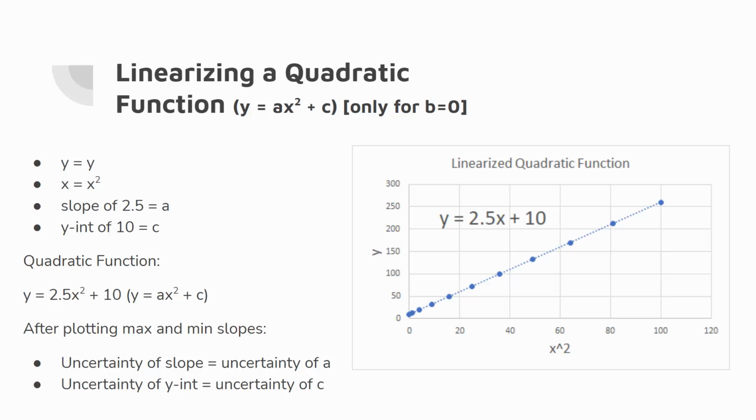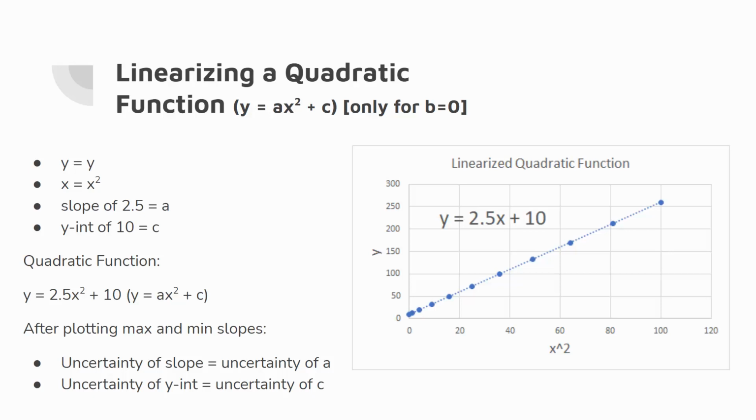And that is in the form y equals ax squared plus c. We've done it, right? We've ended up with what is essentially a quadratic function, y proportional to x squared, and we have the values of a and c in a form that will allow us to determine their uncertainties, right?